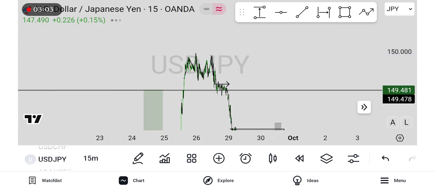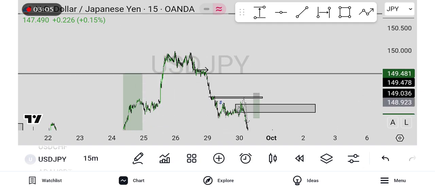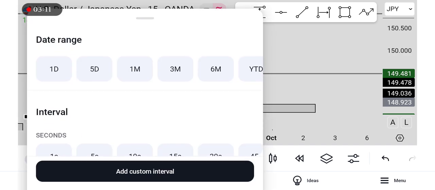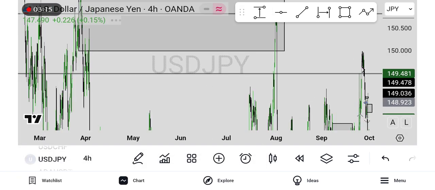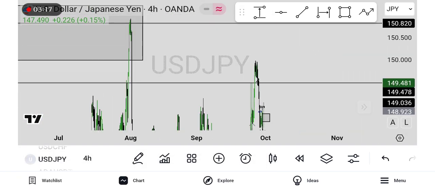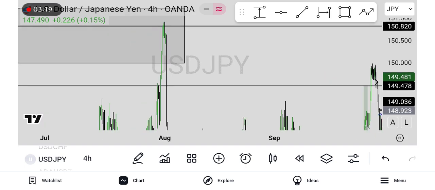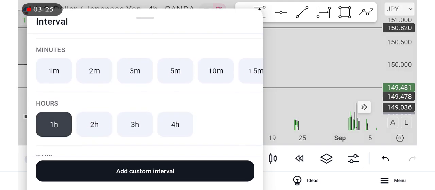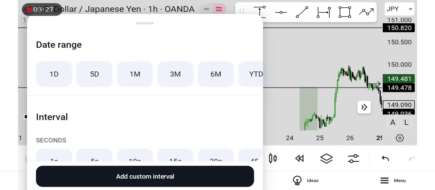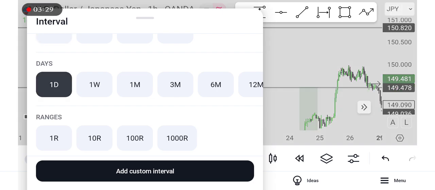Then to go further, I marked this place as a supply block already, which you can see very well on a higher time frame. Now let's look at it. I think I marked the other block from a daily time frame.